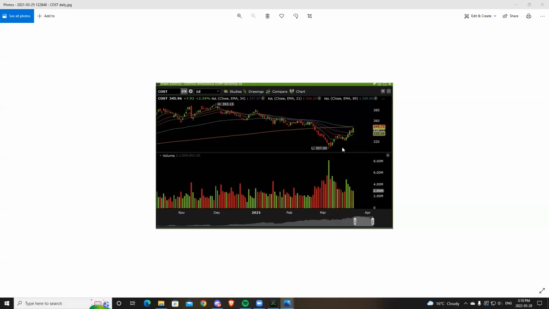I don't know exactly how much that is, but I would say that translates to about 30 to 60% in price movement for your contracts. Yeah, so that's one example of a swing trade that you can do.